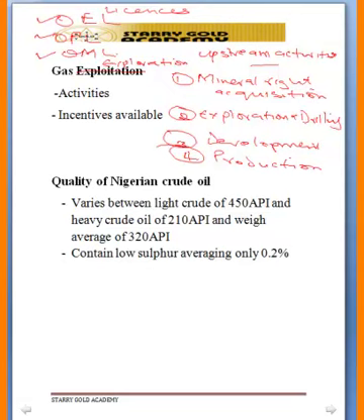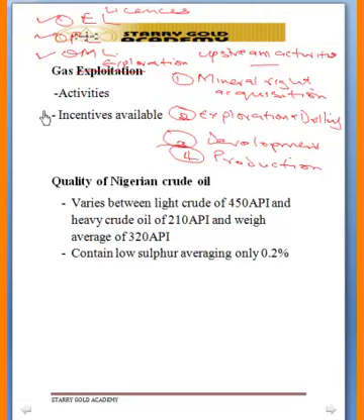For gas exploitation, what are the incentives? Let's go through the incentives available to them. One, in the course of separating oil and gas from the reservoir into usable product, it is considered part of the oil field development. The cost of doing that is regarded as part of the oil field development. They are regarded as qualifying capital expenditure, and so will be claiming capital allowance.